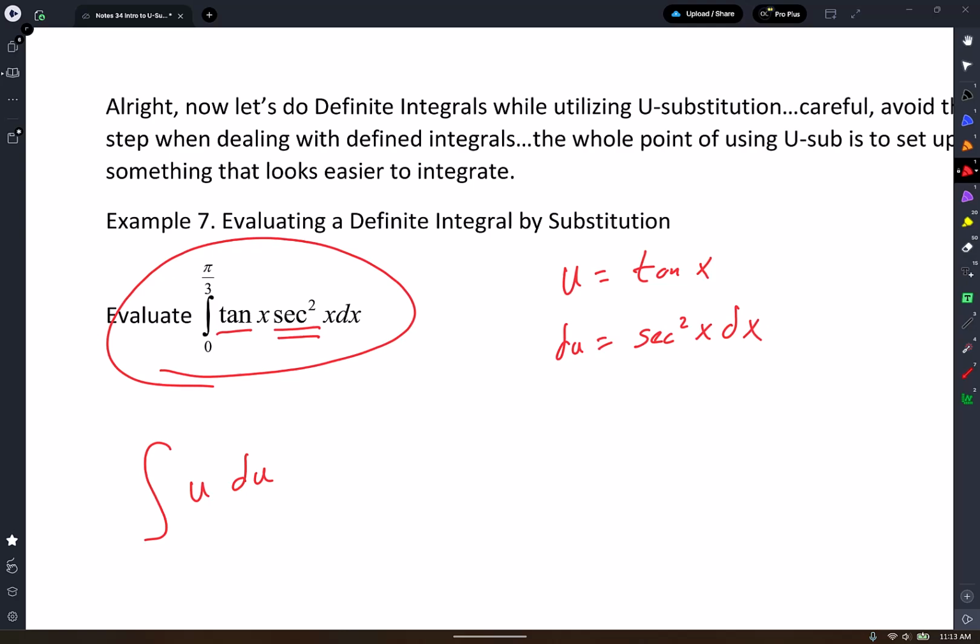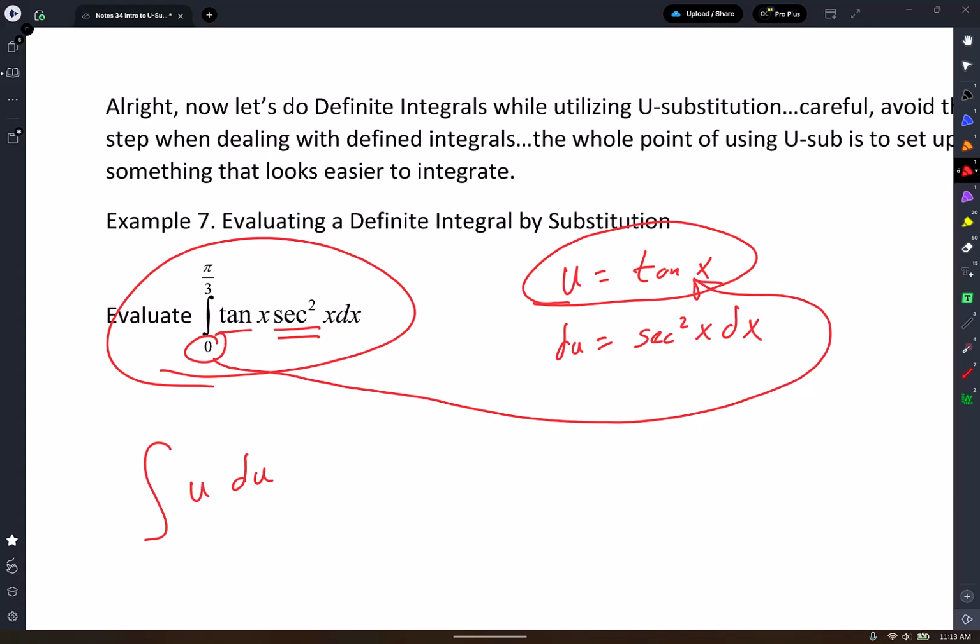You focus on this and you say, okay, when x is 0, what is tan of 0? 0. Put a 0 so that one doesn't change. When x is pi over 3, what is tan of pi over 3? A little bit of pre-calc, not much.